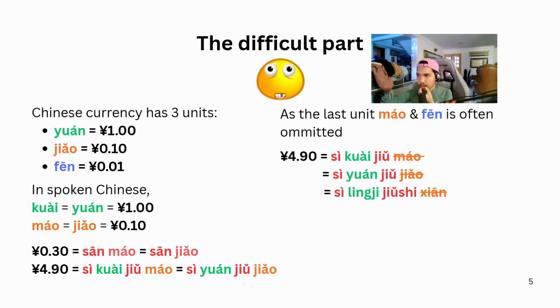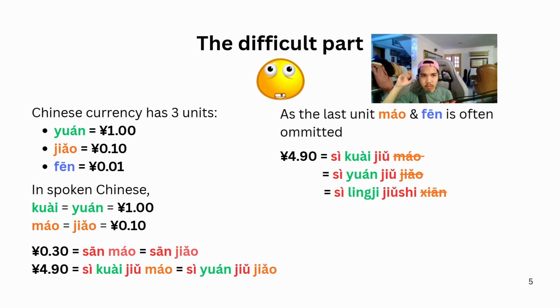sen. Now, the difficult part is not necessarily the spelling of these new words, but more on how it's different across some different cultures. So, as you can see in Chinese currency, there are 3 units instead of just ringgit and cents.